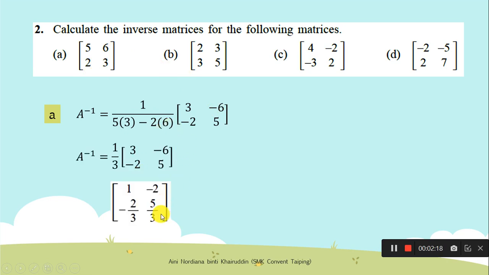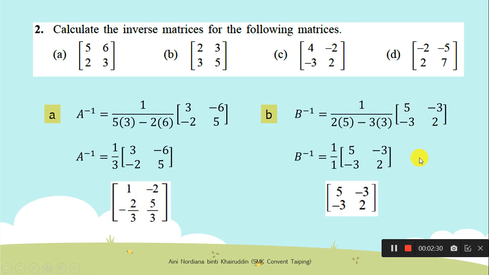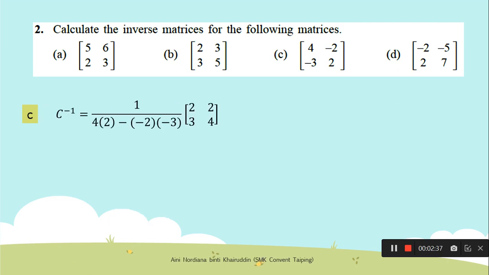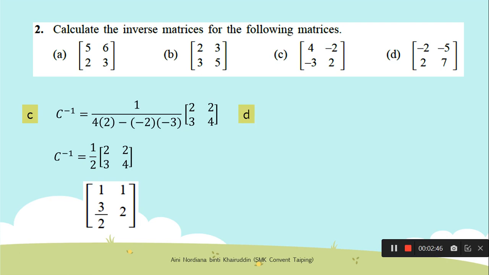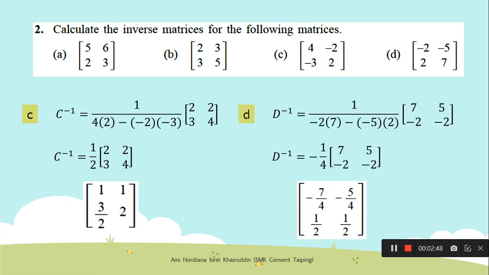So this is the answer for A, which is the inverse matrix of A. For B, use the same formula, and this is the inverse matrix of B. C. Alright, so this is the inverse matrix of C and D. So this is the final answer.